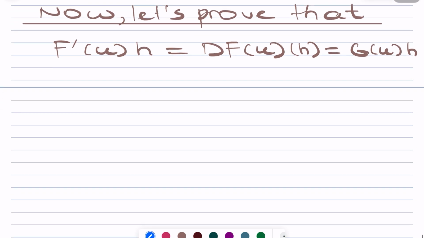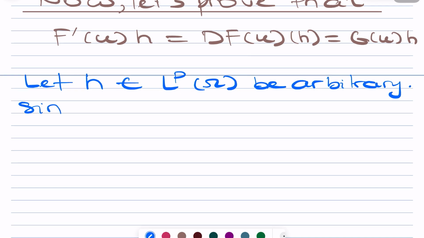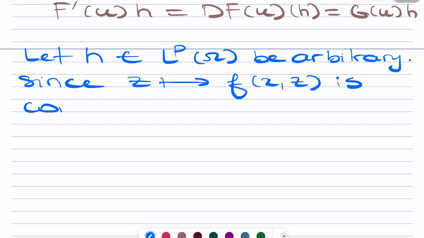Okay, so let h, an element of Lp of omega, be arbitrary. Since the map which at z associates f of x comma z is continuous, it's even continuously differentiable.